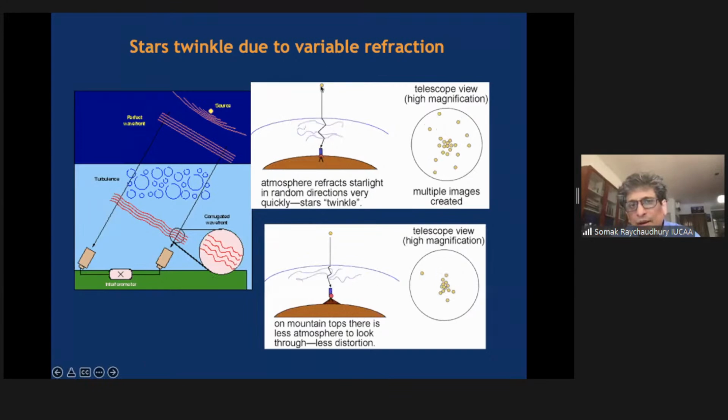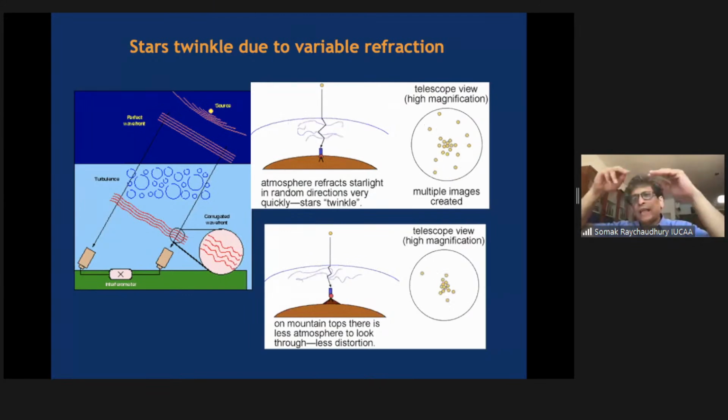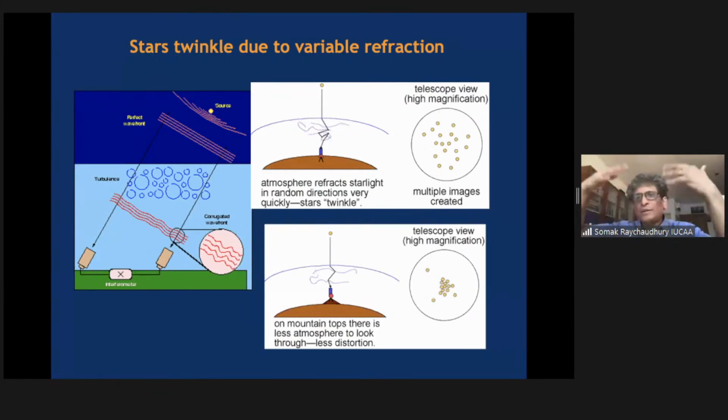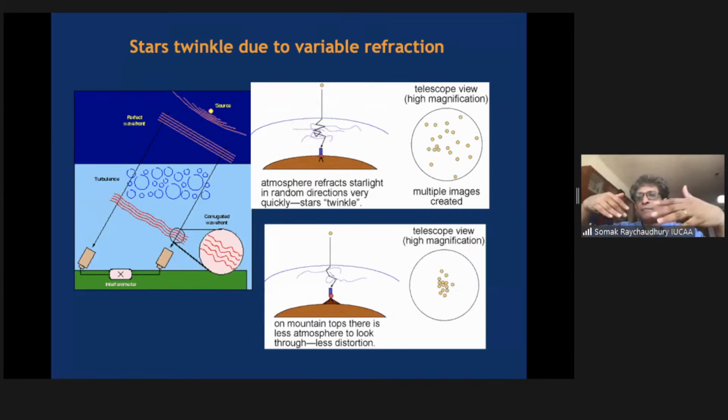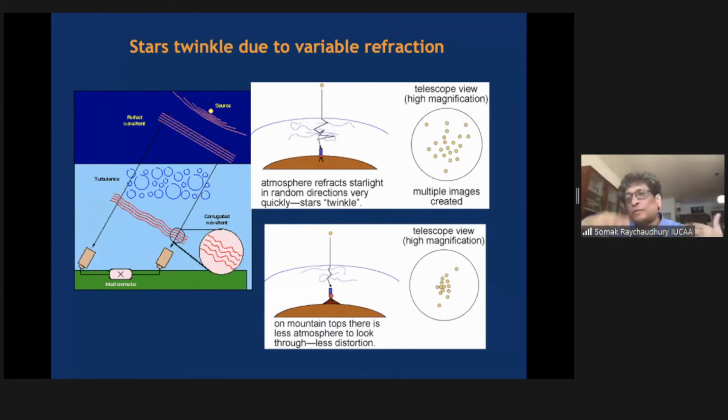Now, you can see that the star's light comes through the atmosphere. It comes to a telescope or a human being, but it passes through 100 kilometers of air. Now, each layer of air has a different temperature, pressure, and density. And it's also moving given the time of the day.